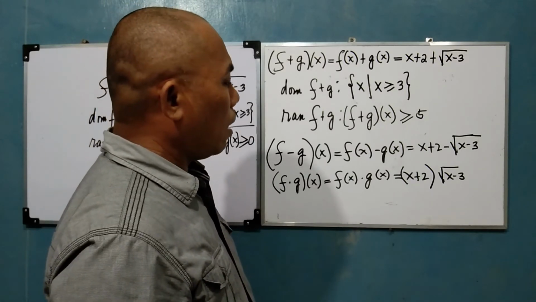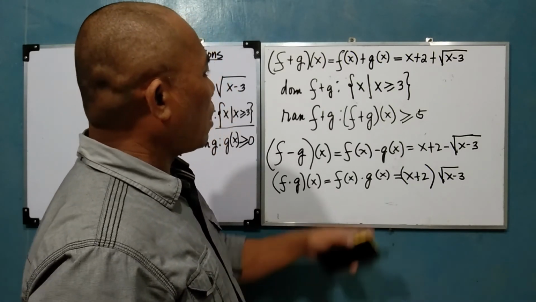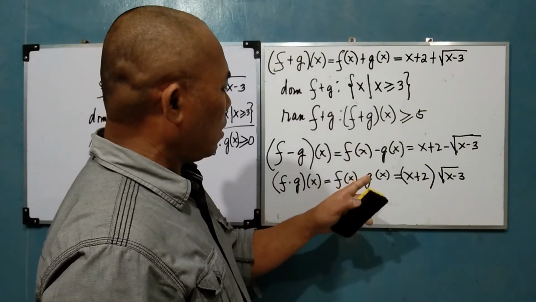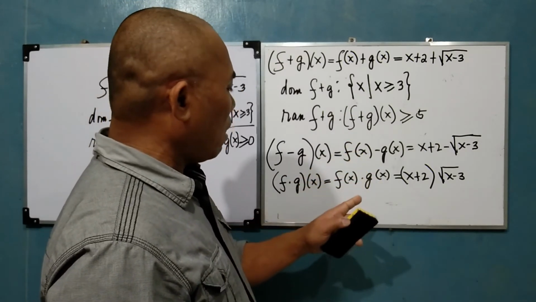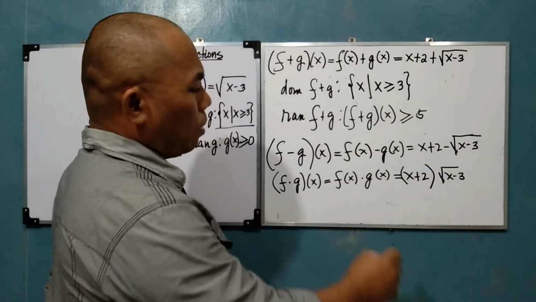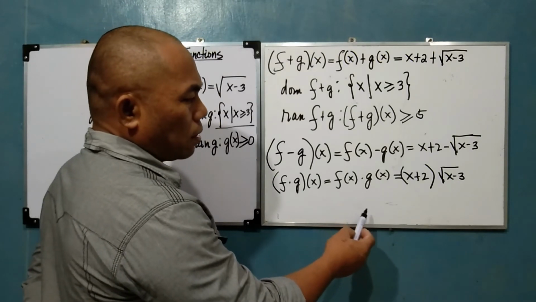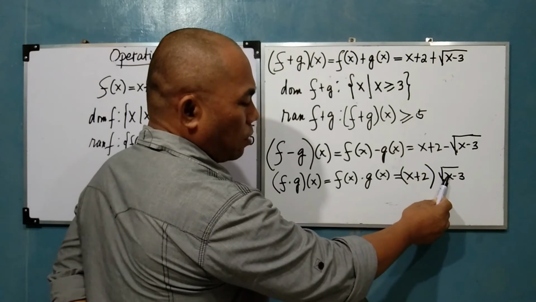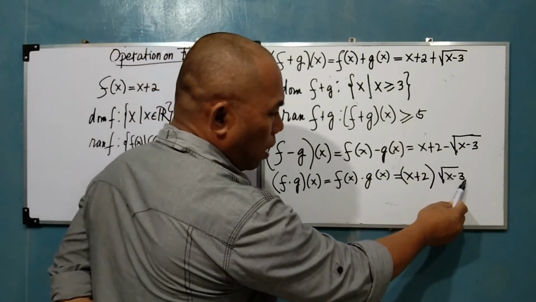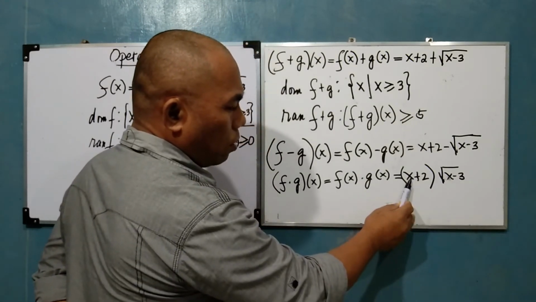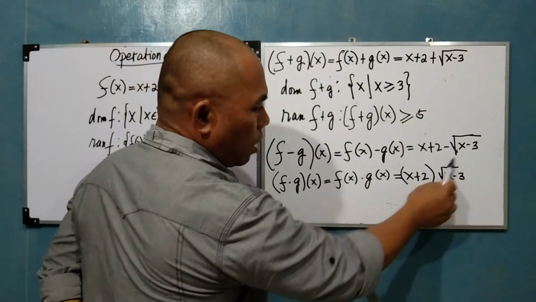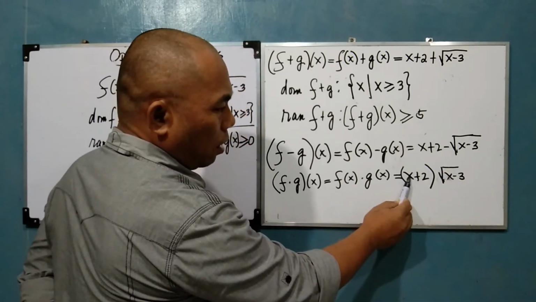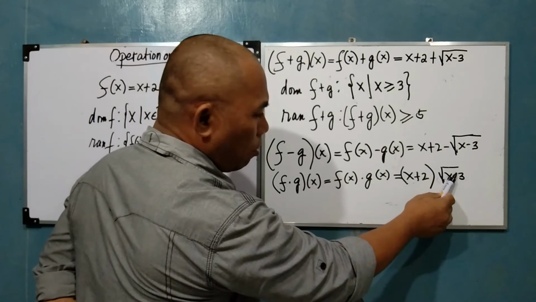What about the range? Is the range of the sum and difference the same range as in the product? So, if x is 3, this becomes 0. If this is 3, 3 plus 2, that's 5. 5 times 0.